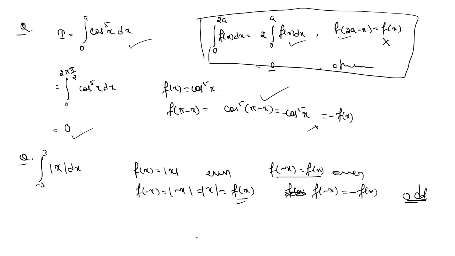So हमारा जो property है ना यहाँ पे minus a to a, because ये lower limit upper limit same है but sign change है, minus 3 to 3.